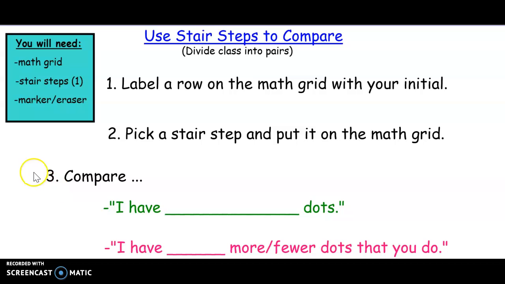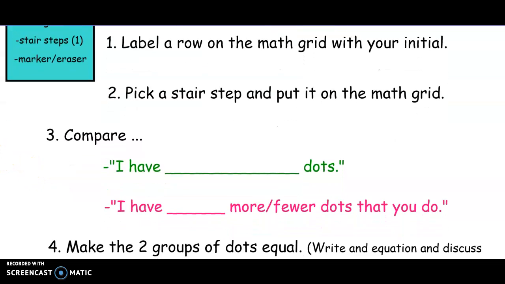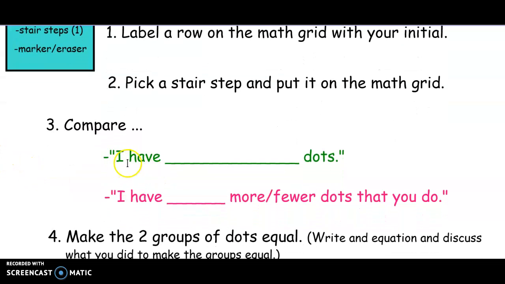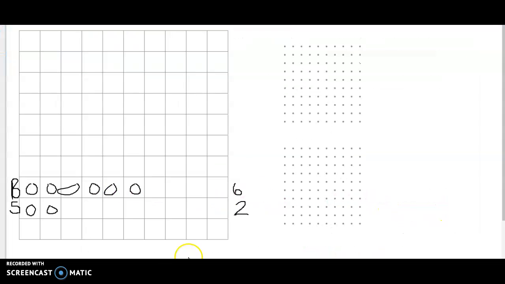Okay, now the next step is to compare. We want to look at our numbers, and so I would say I have 6 dots. And then Mrs. Schweitzer would say, I have 4 fewer dots than you do, because we would compare, and we can see here, these are the same, these are the same. Here we could draw our break apart stick, and this is where the difference is.